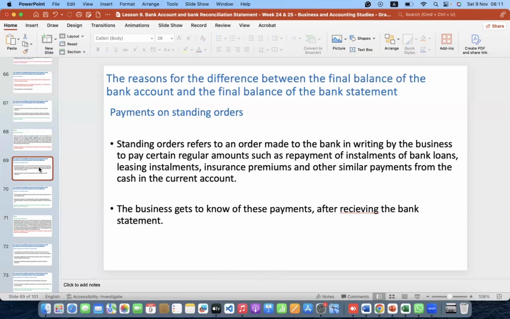You can instruct the bank like that. So once you are doing that, the bank is automatically processing these payments. If you have money in your bank account, there must be money. Normally these standing orders don't overdraw the bank account. Right?